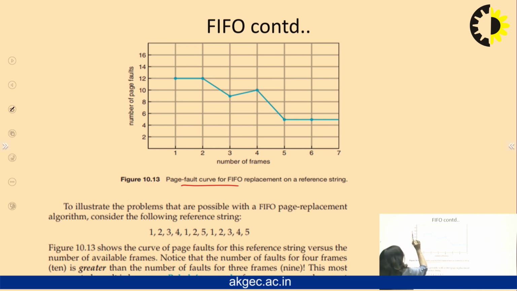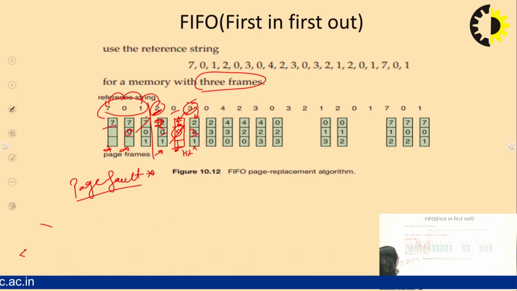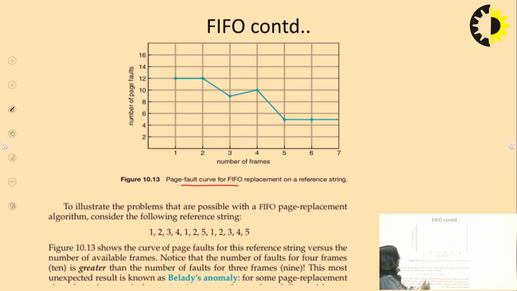It means in the FIFO algorithm page faults are very many. Now Belady's anomaly: according to this condition, scientists say that if you increase your frame number, then page faults may also be fewer as compared to simple FIFO.